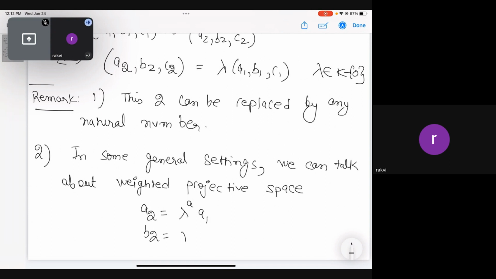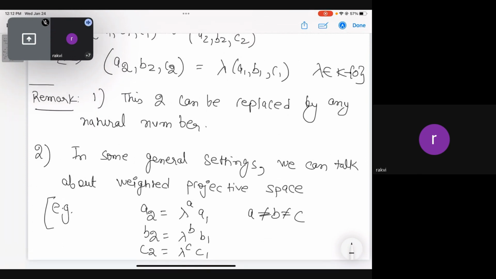B2 is lambda to the power b times B1, and C2 is lambda to the power c times C1, where a, b, and c need not be equal to each other. They can differ from each other. In this case, we have that all of them are the same, right? But as far as elliptic curves are concerned, we don't really care about this weighted projective space. This kind of weightage becomes important when we talk about hyperelliptic curves. But we can talk about this more in detail if we ever discuss hyperelliptic curves in that class.